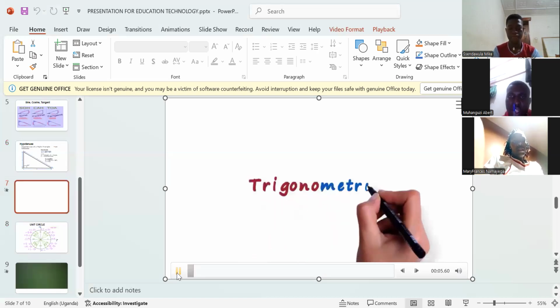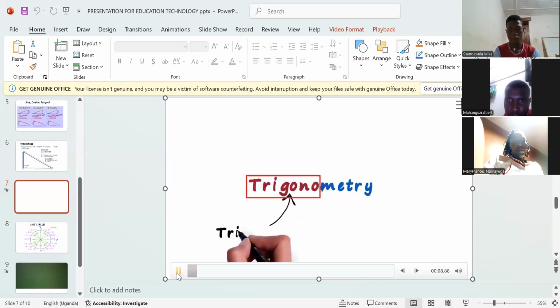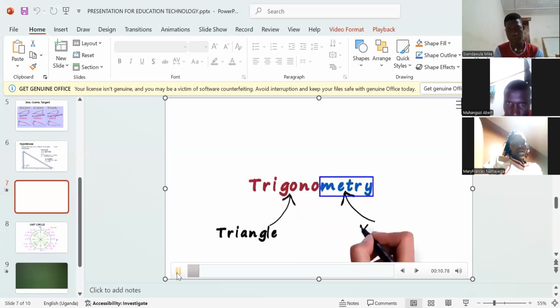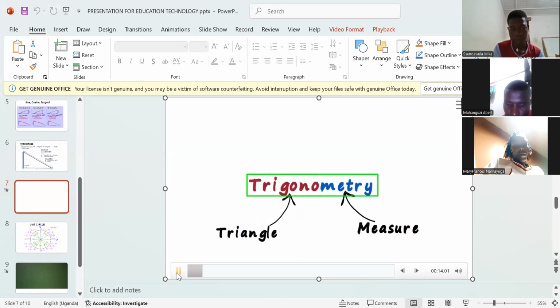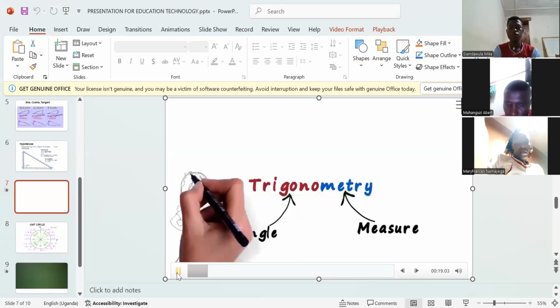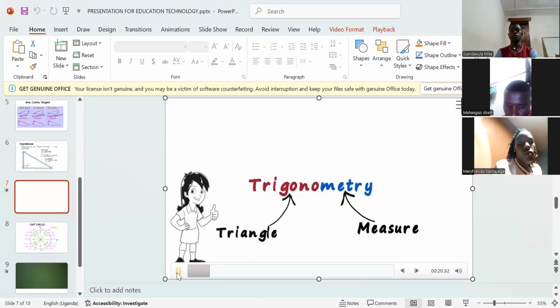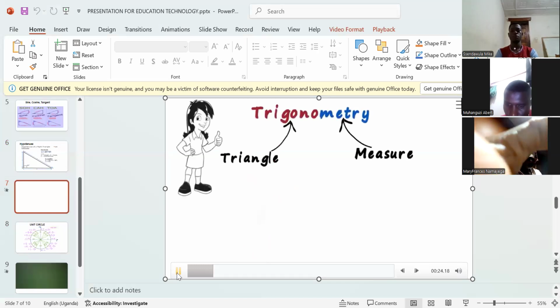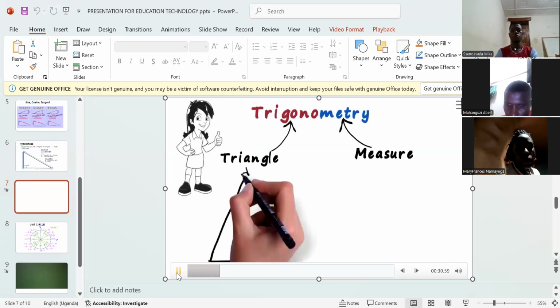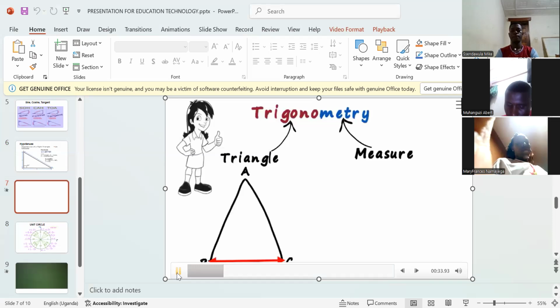What does trigonometry actually mean? In Greek, this red part means triangle and the blue part means measure. Trigonometry is one of the most feared topics in mathematics, but in reality, it is extremely simple. The meaning itself is so simple. It's just the measure of all the things possible in a triangle. That's all. Let's consider a triangle ABC. Let A be the length of the side opposite angle A, and similarly, let B and C be the lengths of the sides opposite angles B and C respectively.